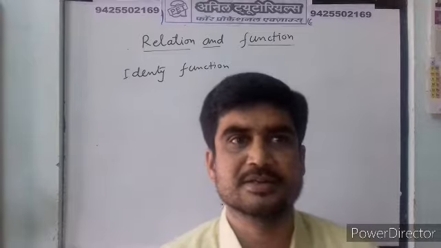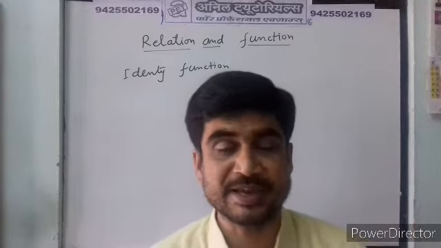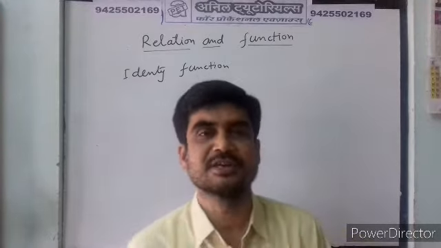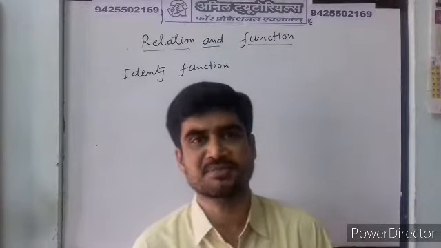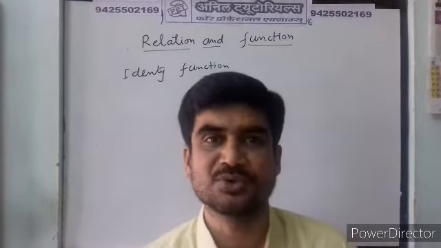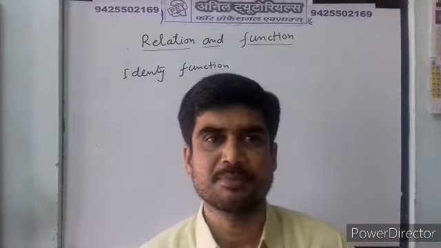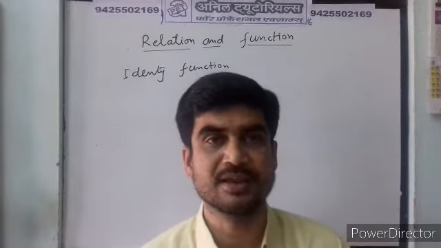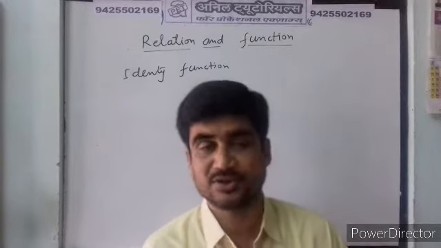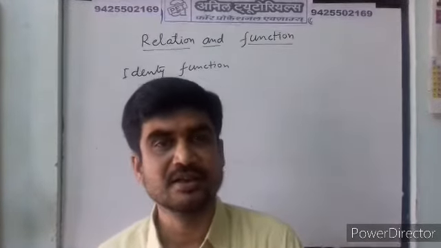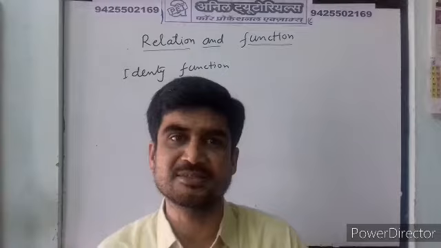Is it clear, children? As we can represent a set in two forms, similarly a relation as well as a function can also be expressed in different forms. One is the roster form, one is the set builder form, and one is the pictorial view.